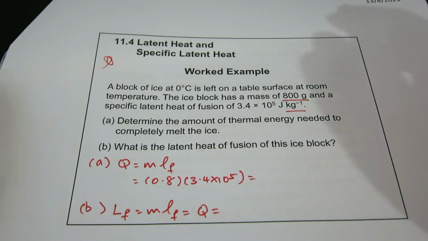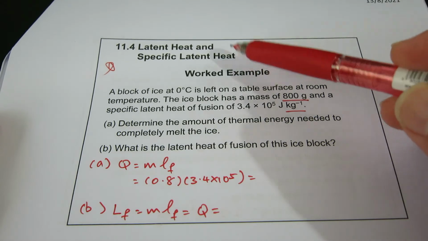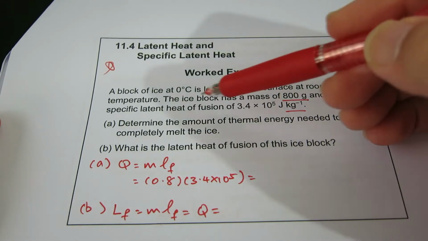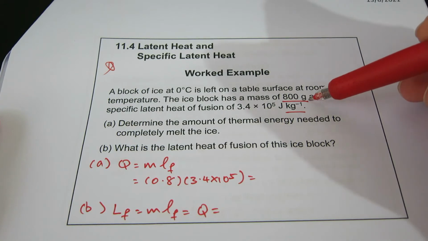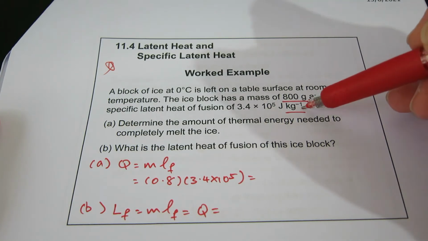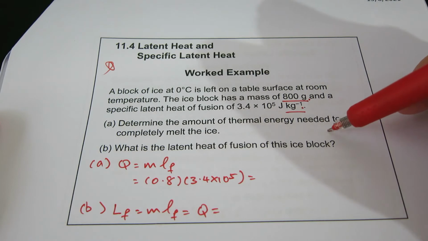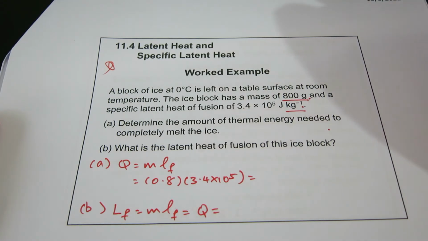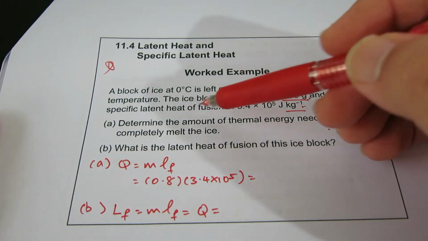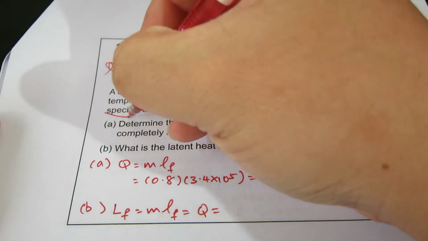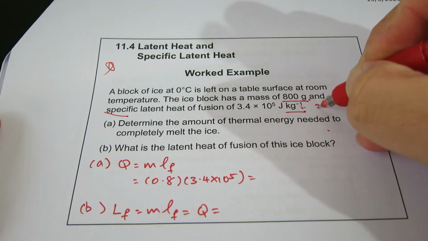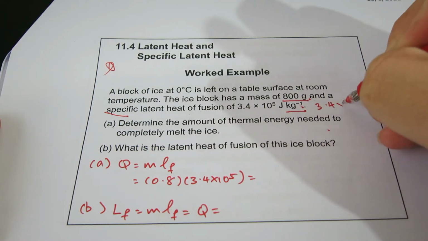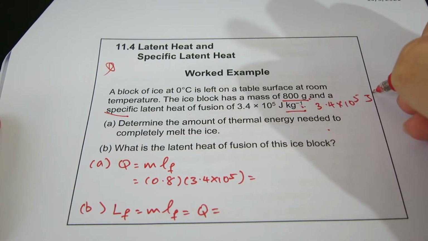Let's carry on with the examples on latent heat and specific latent heat. You have a block of ice at 0 degrees Celsius. The mass is 800 grams. How much energy is required to totally melt the ice? The specific latent heat of fusion is given as 3.4 times 10 to the power of 5 joules per kilogram.